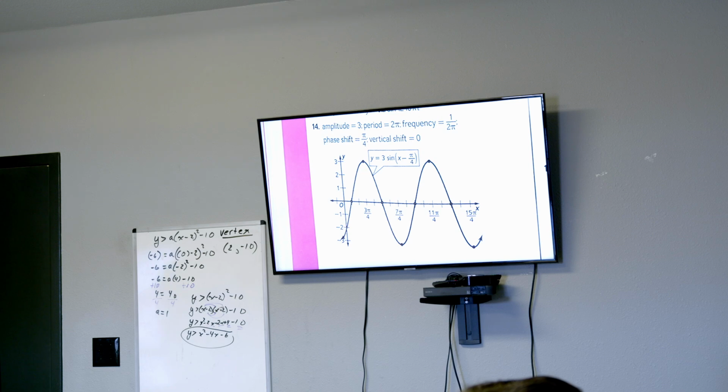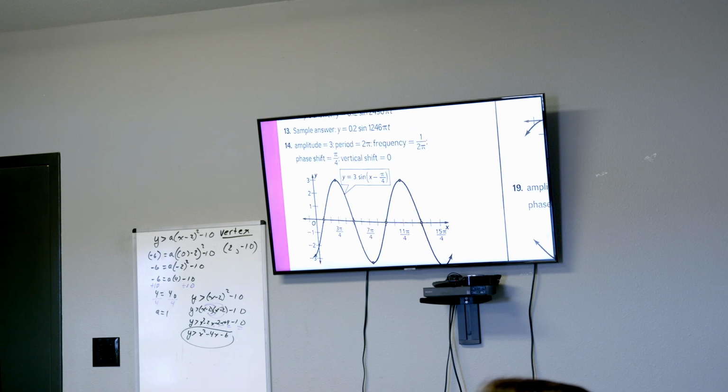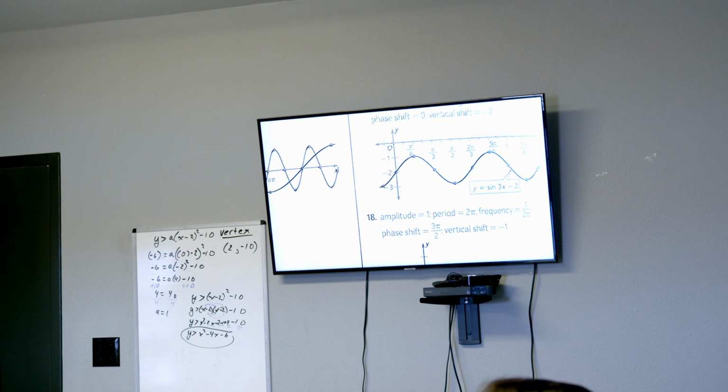Amplitude, period, frequency, phase shift, vertical shift, all the bits and bobs that are there. Use formulas to get them. Number 16 is over here.